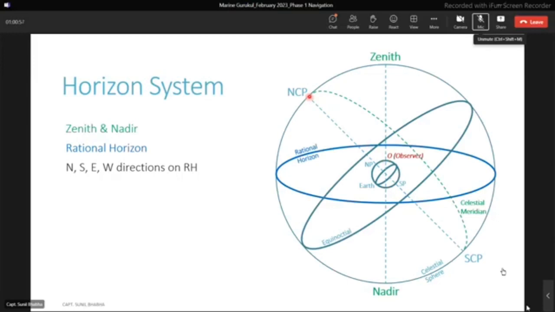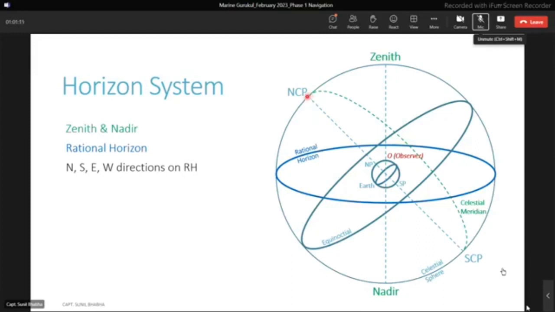Let us say you are on a ship which is moving on 000 course. You are steering true north 000. If you look towards the northern part of the sky, right ahead, you will be able to see the north celestial pole or the Polaris, the pole star.